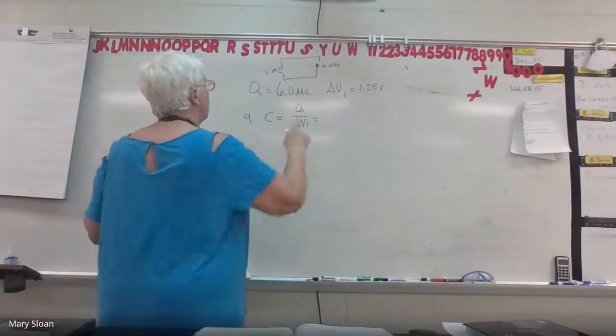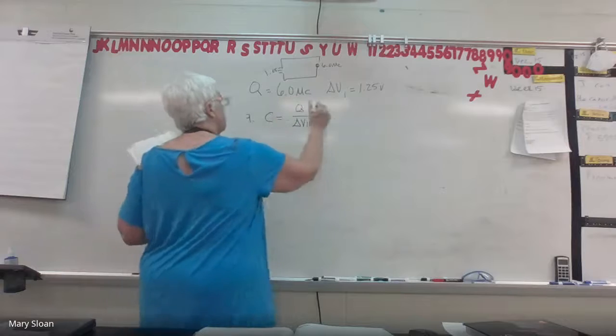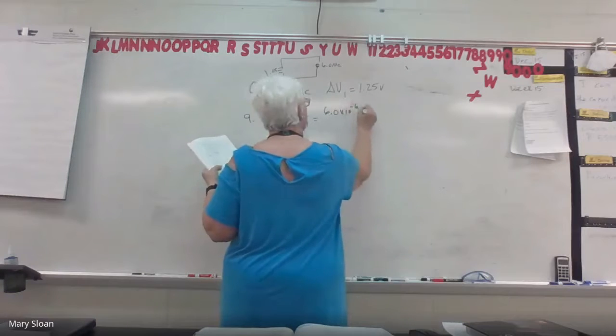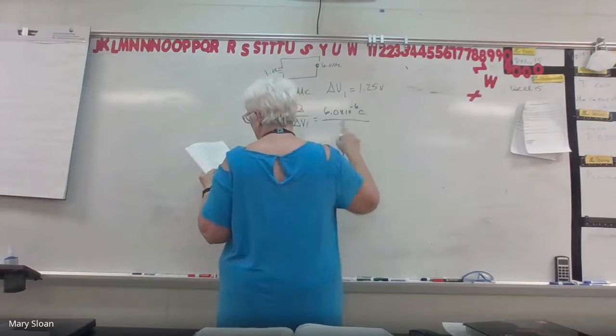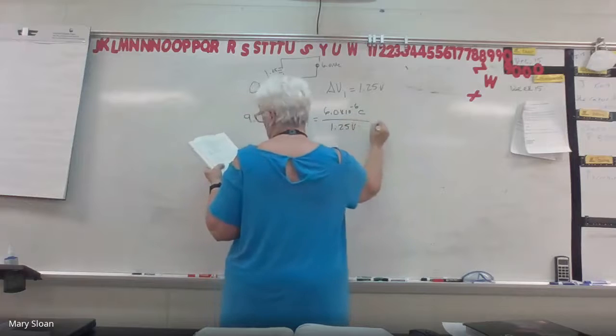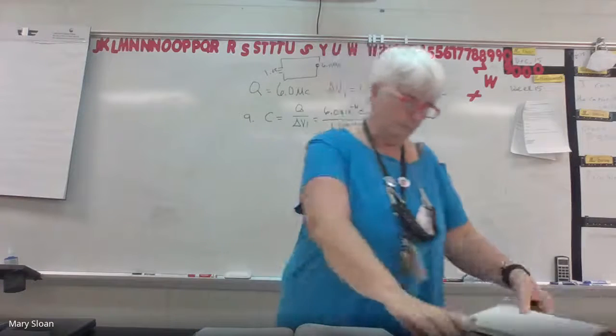So what we're going to do is change this again to 6.0 times 10 to the negative 6 coulombs, and divide that by our voltage, which is 1.25.